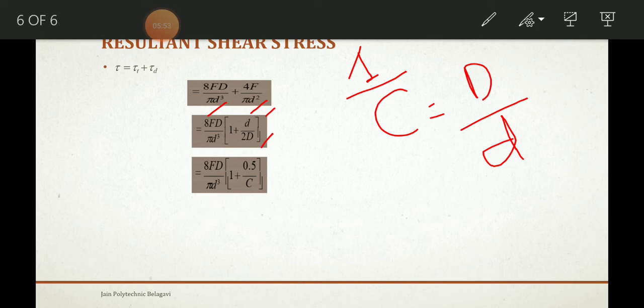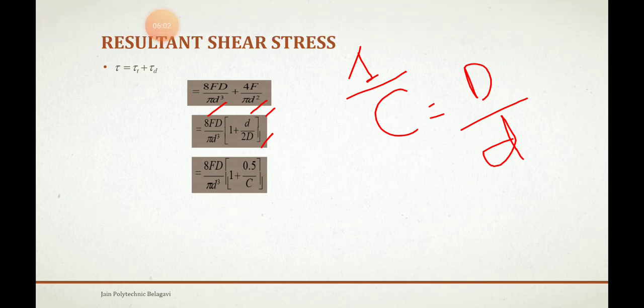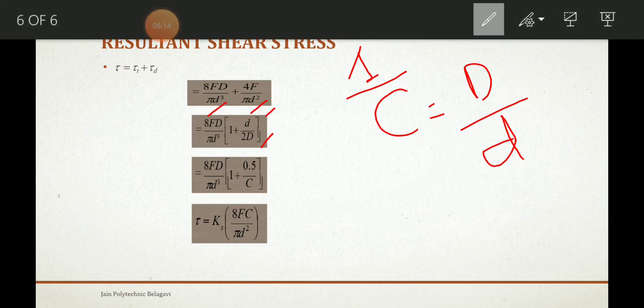As I told you, small d by capital D is the reciprocal of spring index, so we can write 1 by C, of course 0.5 divided by C. From where this 0.5 comes, that is 1 by 2 is 0.5. Okay, so finally the expression for shear stress is Ks, where I replaced the parameter by Ks, that is the shear stress factor, into 8FC divided by pi d square.